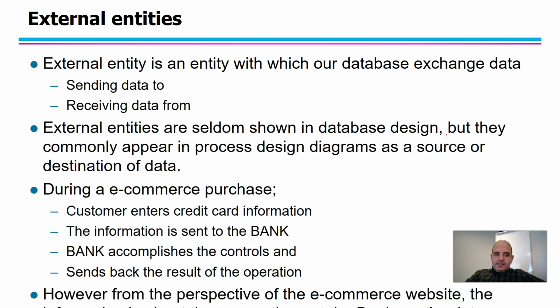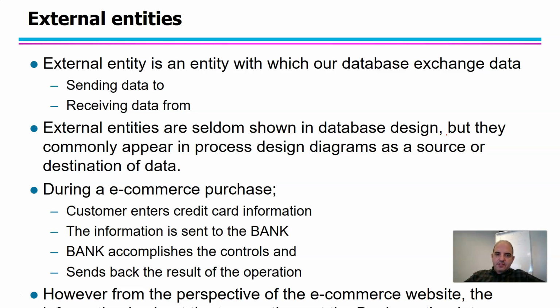Some of the entities are external. For example, when you buy from an e-commerce website, you enter your credit card number and the system contacts the bank. And in the bank, there's a point of sale machine which checks whether you have enough money or enough credit for this purchase.